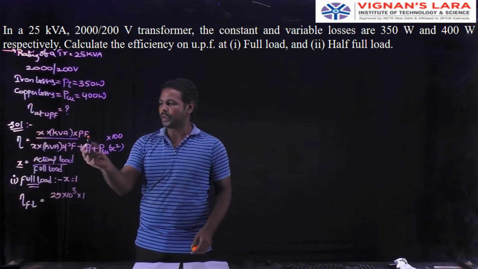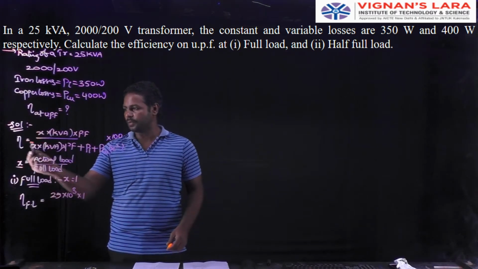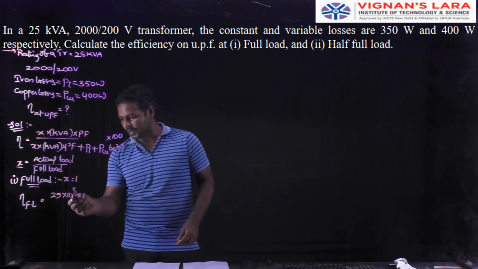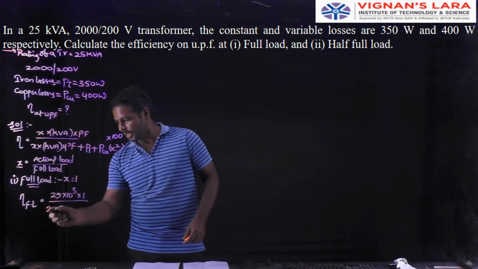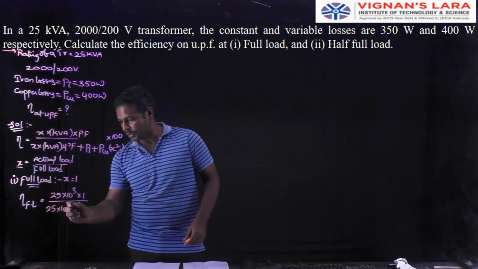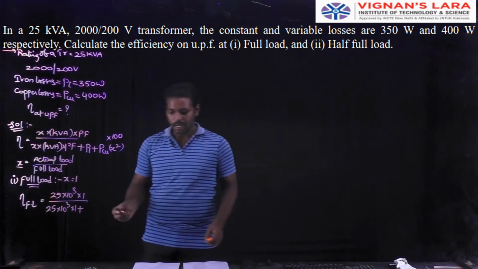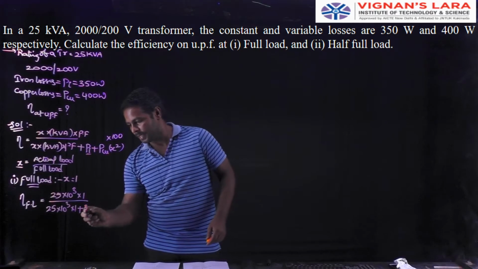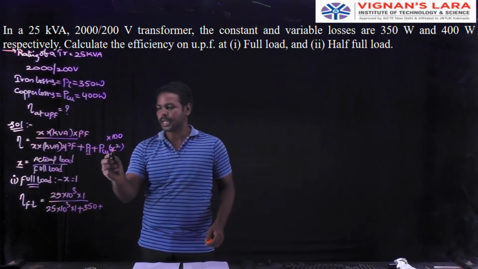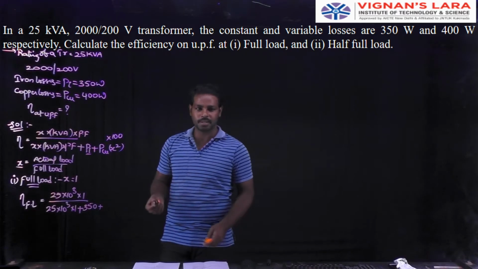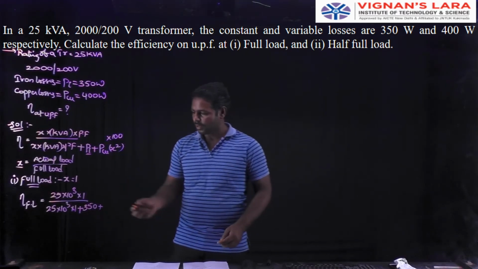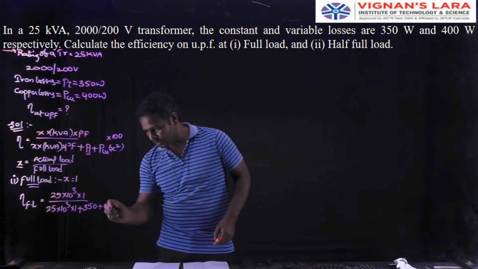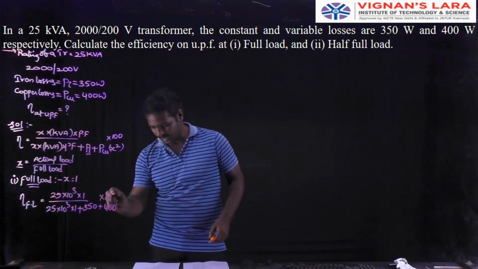At full load the power factor is unity, so efficiency is 25 into 10 cube into 1 divided by 25 into 10 cube into 1 plus iron losses Pi equal to 350 plus X square into PCU, where X is equal to 1 and PCU is equal to 400, into 100.